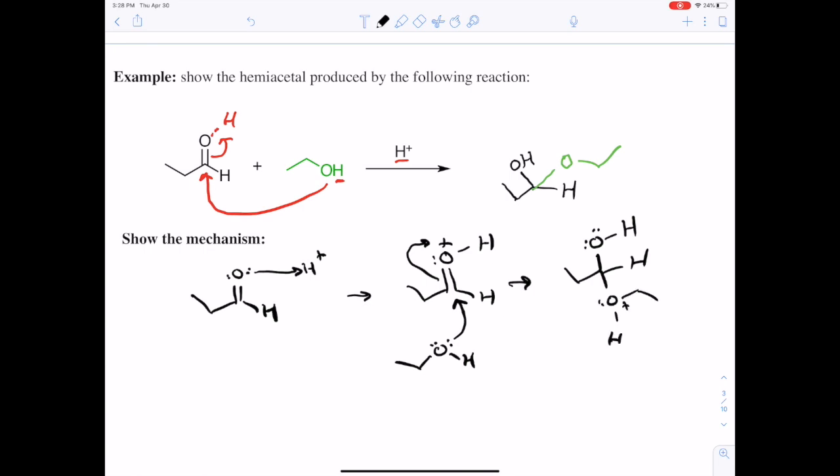So now that's the plus charge on that oxygen there. And then we're going to lose this hydrogen. We can show this hydrogen still there. It's implicit, you don't need to show it. But the hydrogen ion was a reactant, and then later it was reproduced as a product, so it's a catalyst.